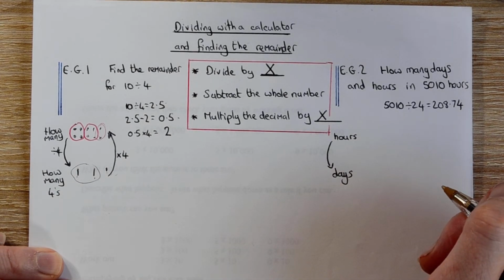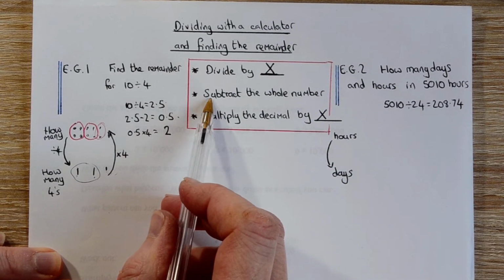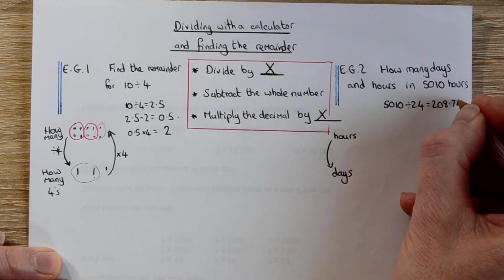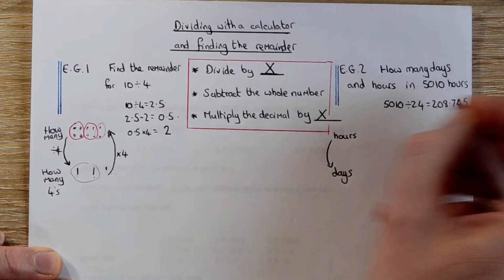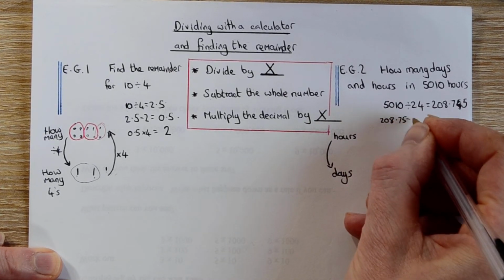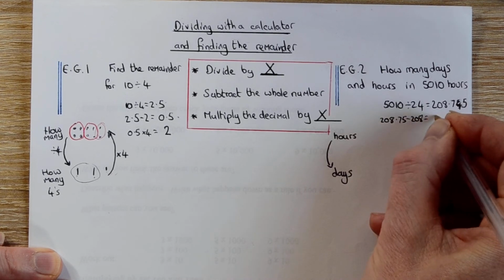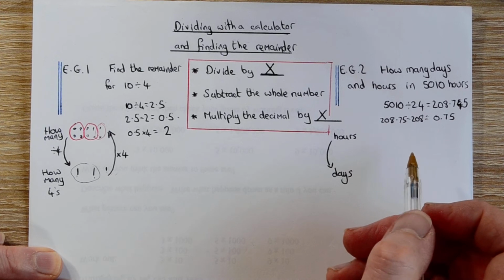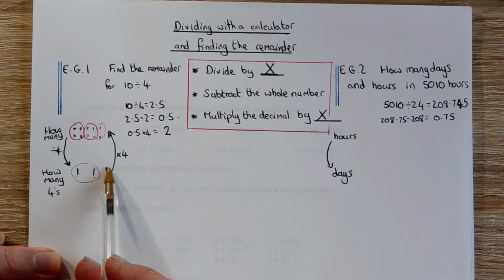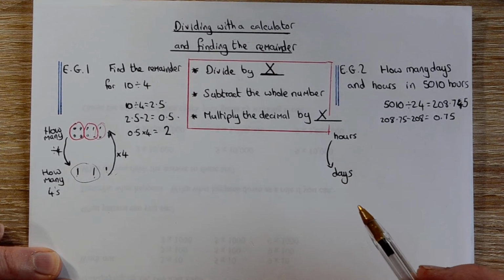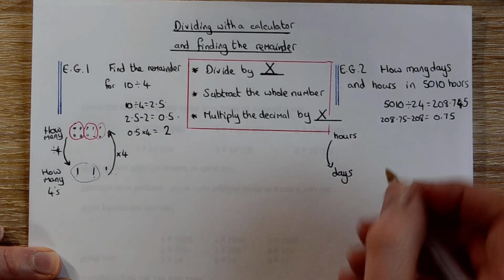So we need now to do the second step, subtract the whole number. The whole number is 208, so that should be a 5, not 4. So we're going to subtract, so that tells us, if you like, what this little bit is. We know how many days it is. It's 208 days, but we want the remainder in hours rather than as a decimal.